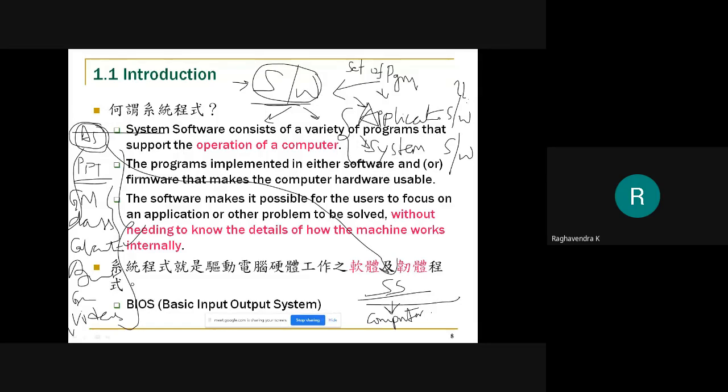So system software basically makes your computer usable. Without this software, it's not possible for us to run application software as such. So have we used any then? Sometimes we have used these system softwares directly and sometimes indirectly.